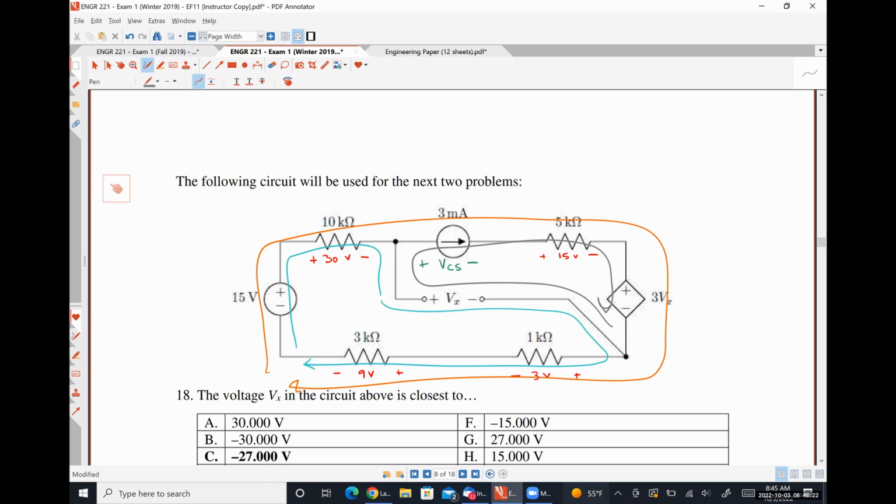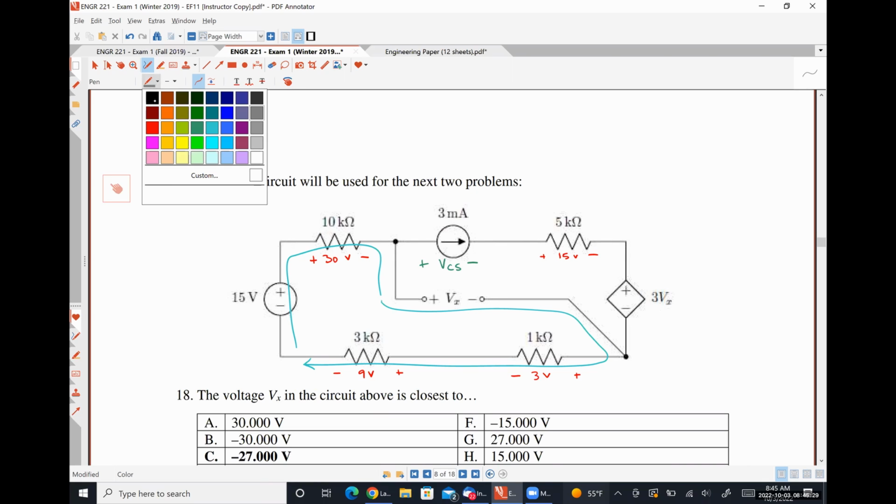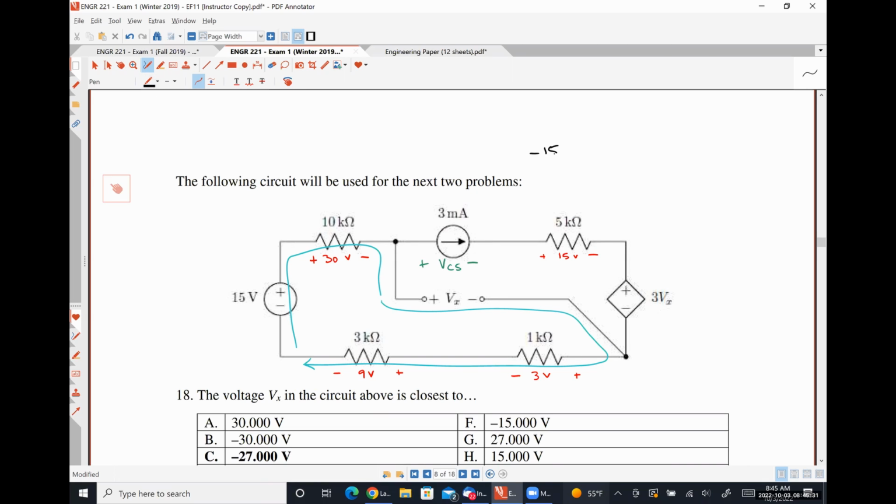All right, so let's erase this orange thing and this thing right here. So -15 plus 30 plus Vx plus 3 plus 9 is equal to 0.